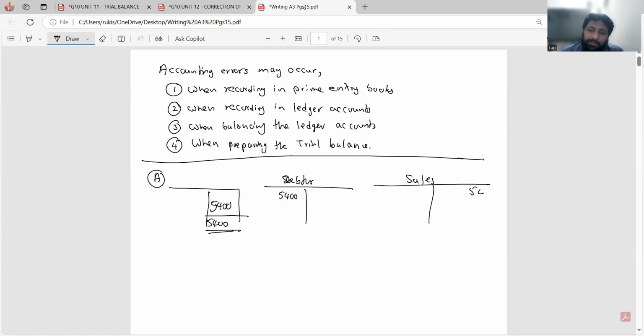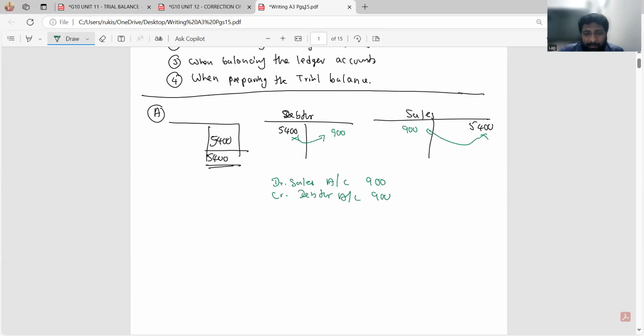Sales account, credit 5,400. Then what you have to understand is both the values are wrong, because both should be 4,500. So from both the accounts, you have to remove 900. Debit the sales account 900. Credit the debtor account 900. So that is A.